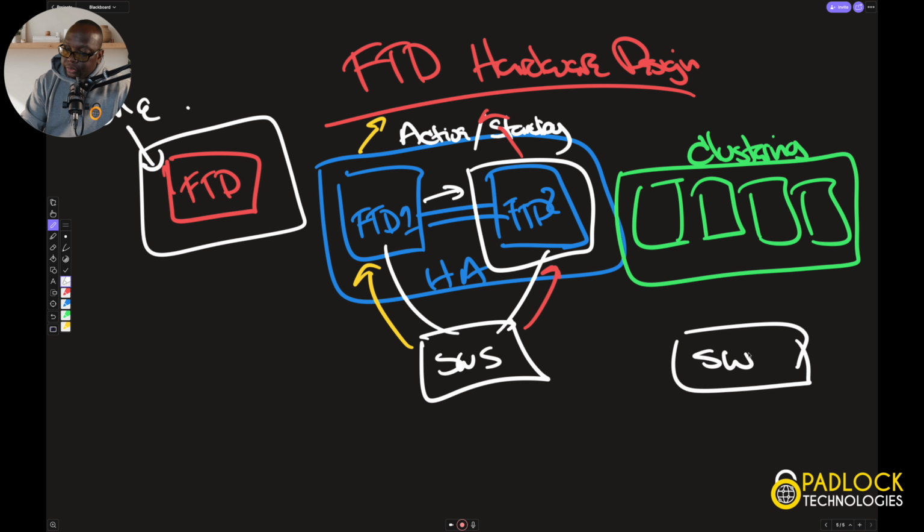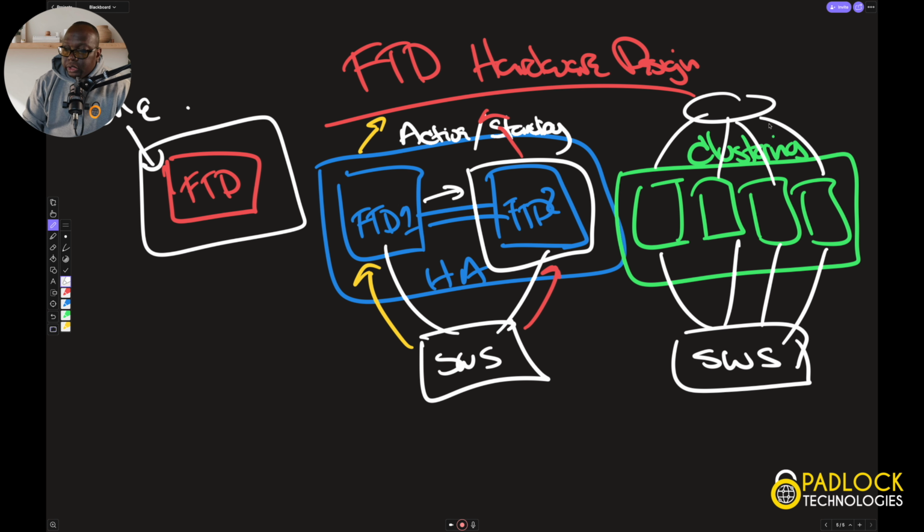What clustering does is, you can go up to 8, and it'll make 8 boxes look like one big firewall.